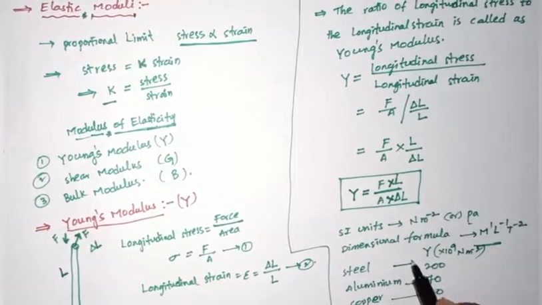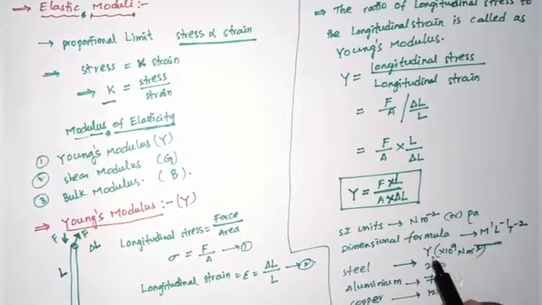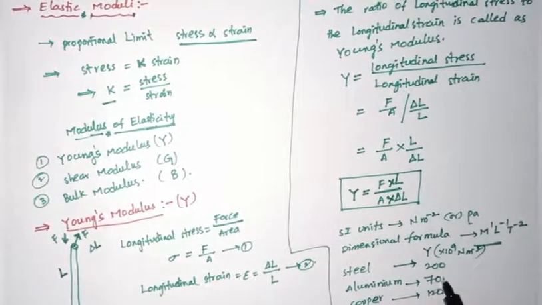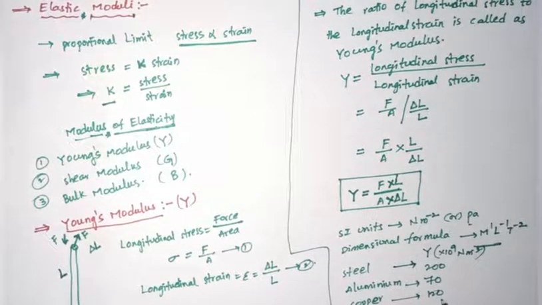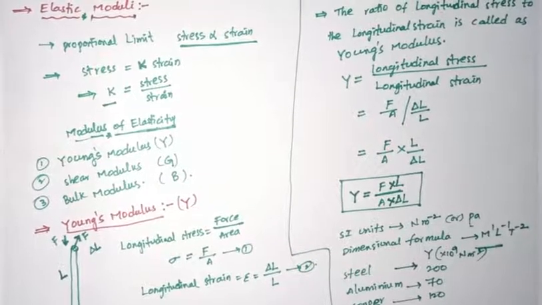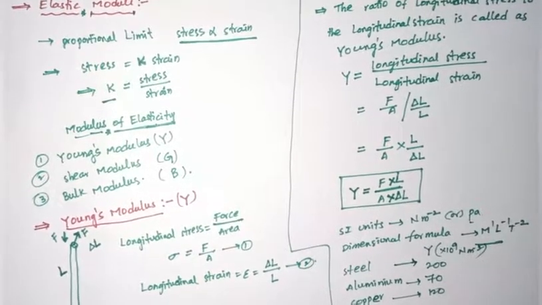Here steel has the highest Young's modulus, aluminium is less, and copper is in between.